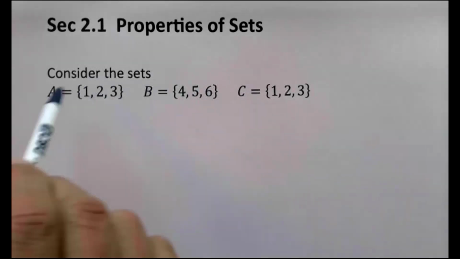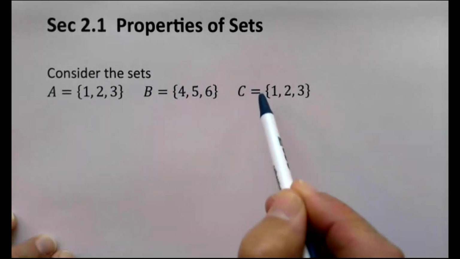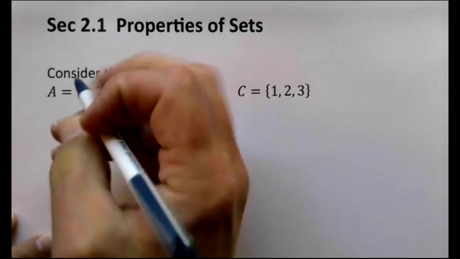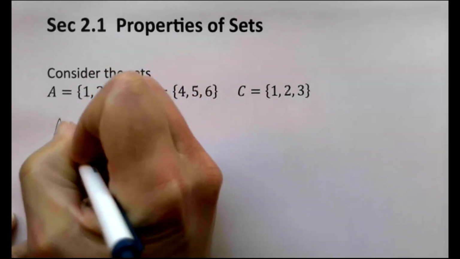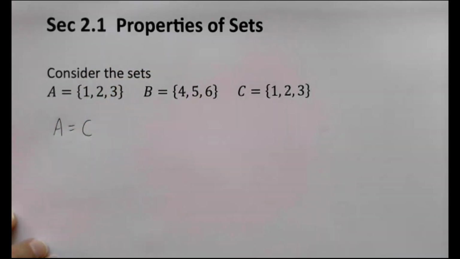But look at A and C. They do have exactly the same elements. I mean, they're literally equal to each other. So I could say, for example, that set A is equal to set C. That is a true statement.